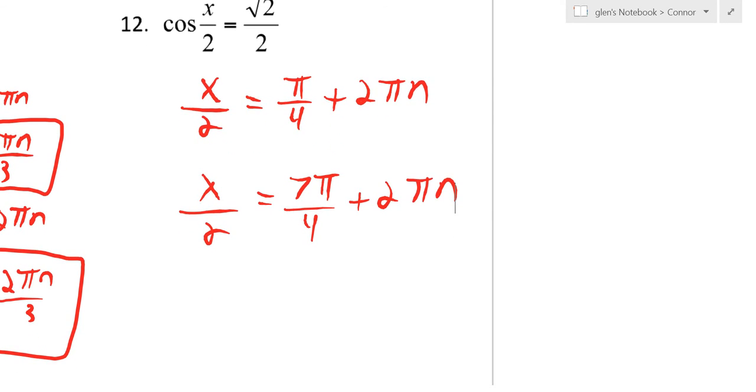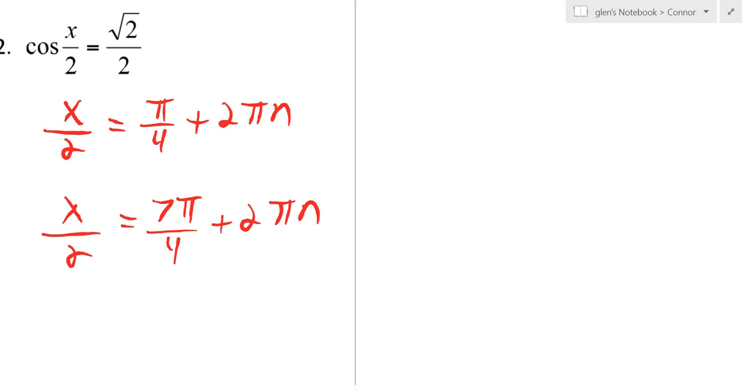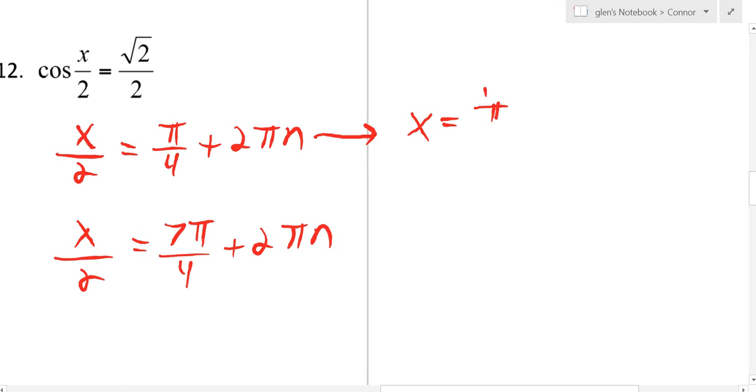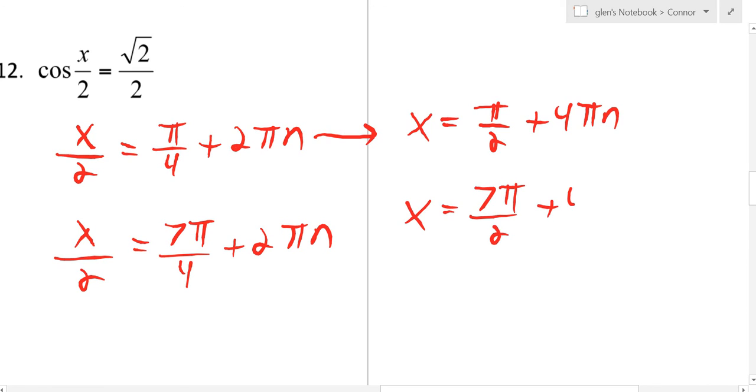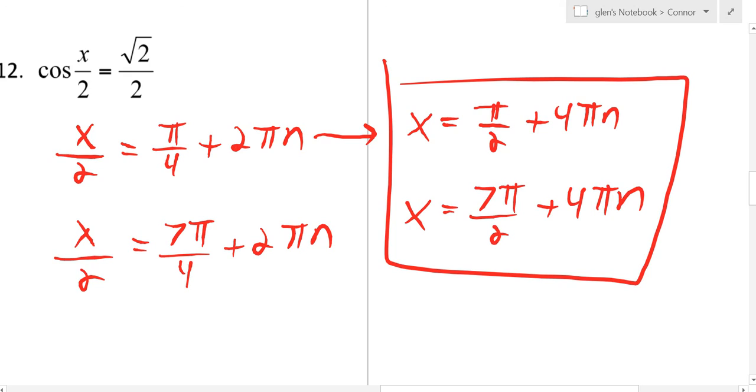To solve for x, I'll do it next to it here. We just multiply by 2 now instead of dividing because it's a fraction. So x is equal to pi over 2 plus 4 pi n, or x equals 7 pi over 2 plus 4 pi n.